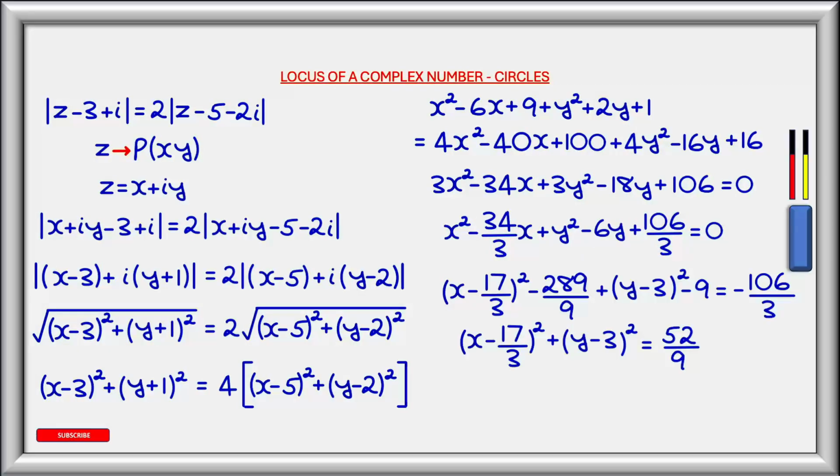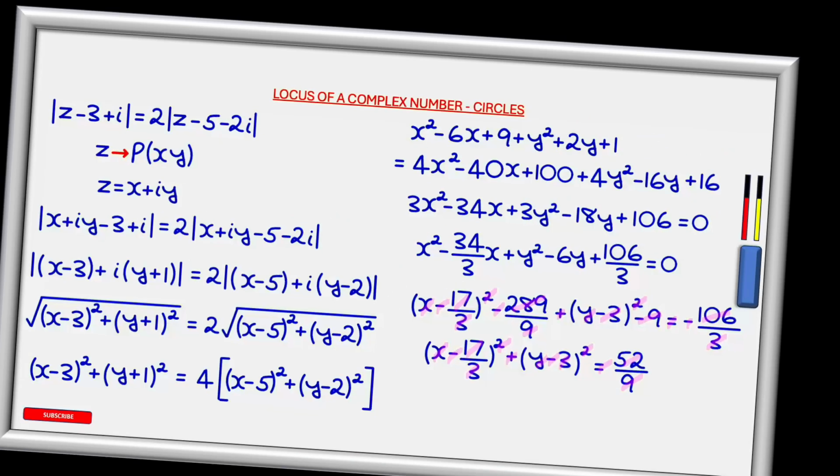And completing the square for this, we have (x minus 17 divided by 3) all squared minus 289 divided by 9 plus (y minus 3) all squared minus 9 is equal to minus 106 divided by 3, which simplifies to (x minus 17 divided by 3) all squared plus (y minus 3) all squared is equal to 52 divided by 9.